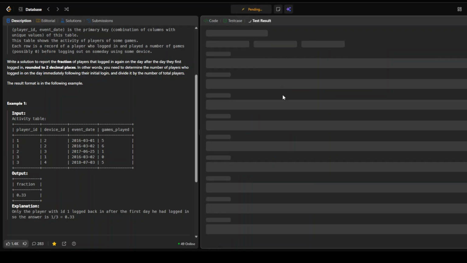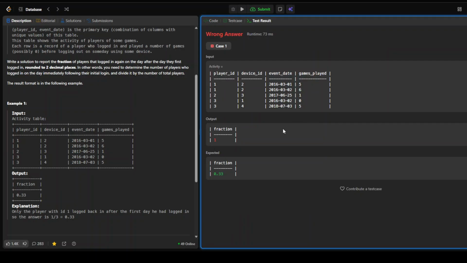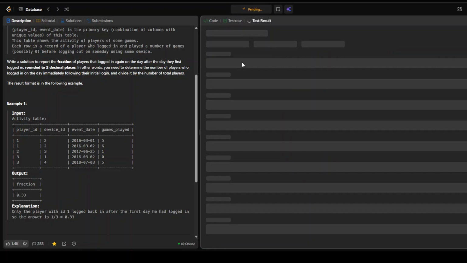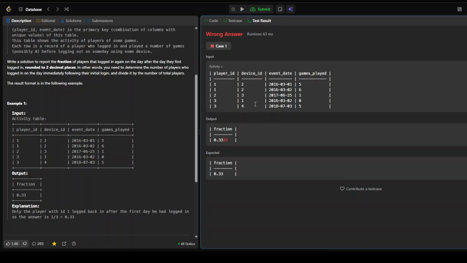Let's just run this. Oh, I need a left join here. Okay, my answer is correct, but it is getting 0.33333, and it's saying that I need to round it to 2 decimal places.